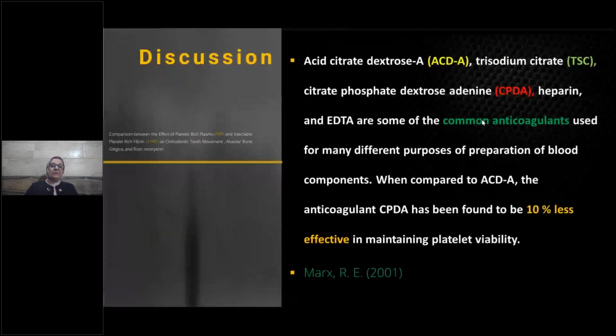Acid citrate dextrose, trisodium citrate, and heparin are common anticoagulants used for many different purposes in the preparation of blood components. When compared to acid citrate dextrose, trisodium citrate has been found to be 10% less effective in maintaining platelet viability.